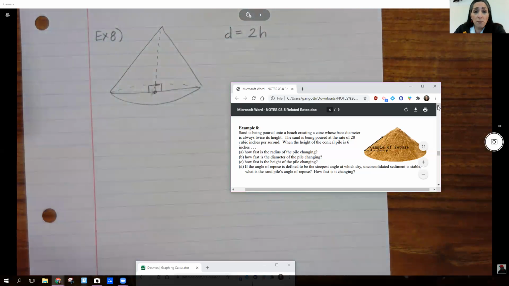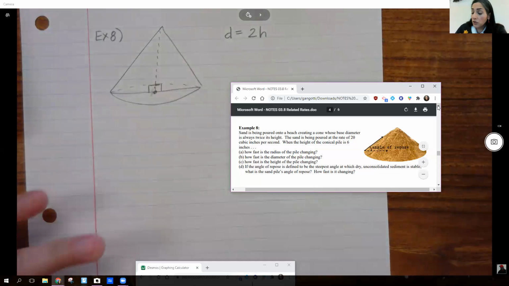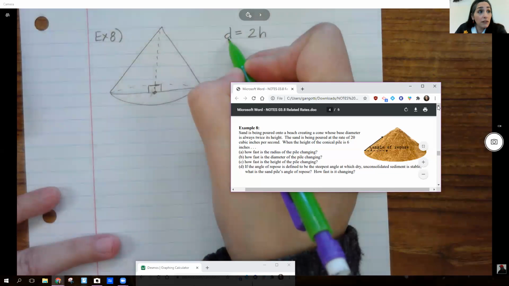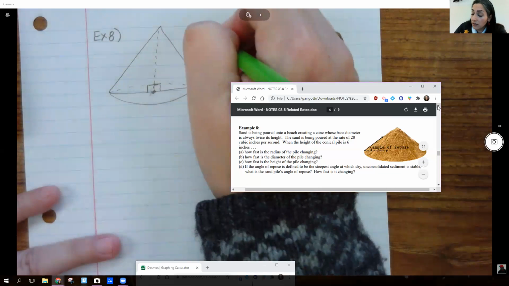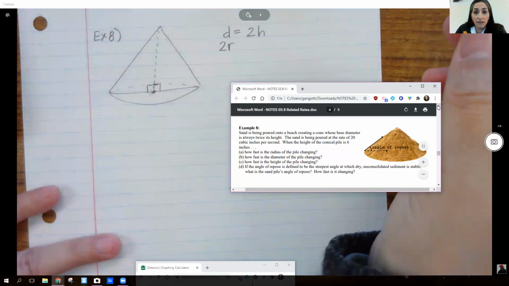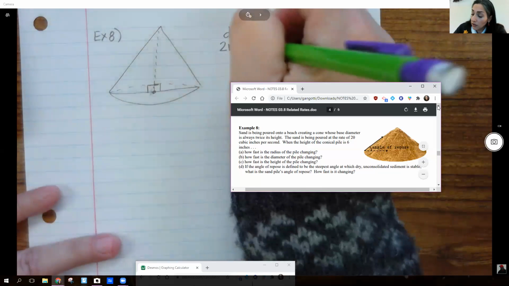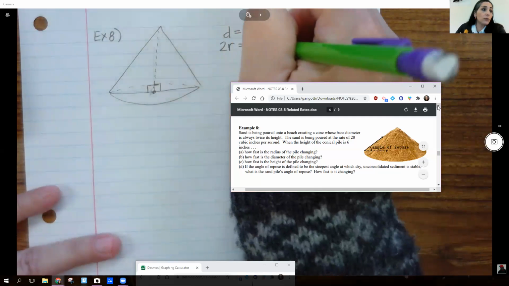The thing that shows up more often than a diameter in your geometry formulas is radius, right? So I would rather get this in terms of the radius because I know I'm going to have an R in one of my formulas, much more likely than a diameter. So we know that a diameter is 2 radii, right? So 2r actually equals 2h.